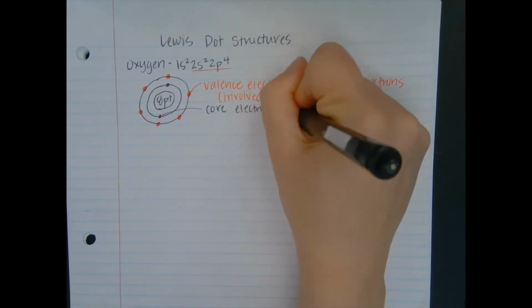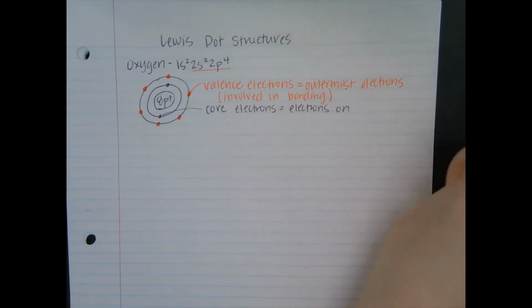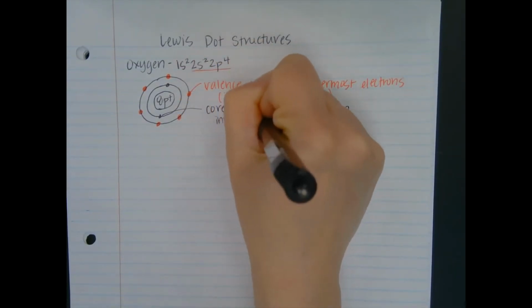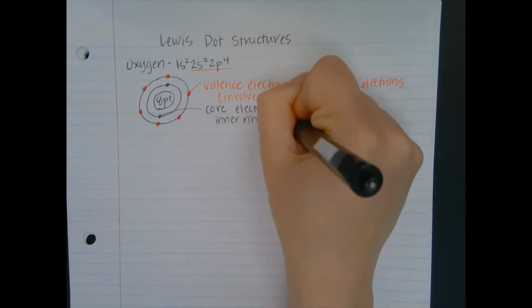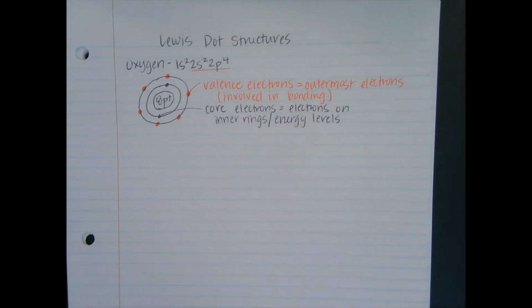These are electrons on inner rings, and really we know that those rings are representing energy levels. So these core electrons are any electrons that are not on that outermost ring or energy level. And really remember, it's not a ring, but it is a useful model to use. Okay, so this has all been review so far.